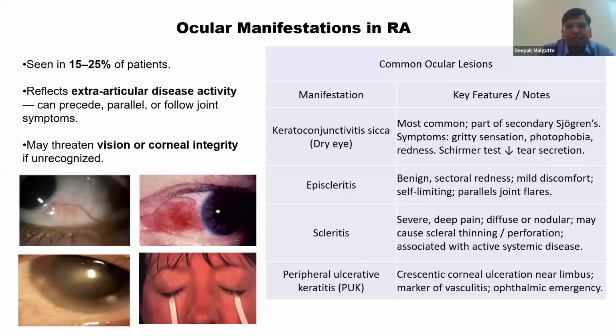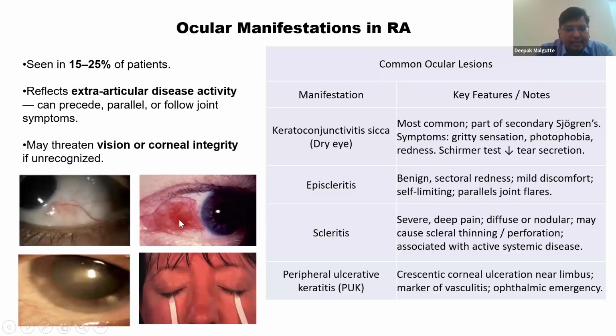Other than that, ocular manifestation is very commonly reported in rheumatoid arthritis, of which the most common is Sicca symptom, which we evaluate by doing Schirmer test. The patient usually complains of gritty sensation or photophobia or redness in their eye. We can also see episcleritis, which usually looks like a sectoral, benign, mild discomfort, usually painless redness in the eye.